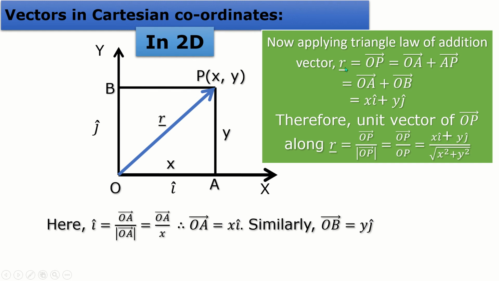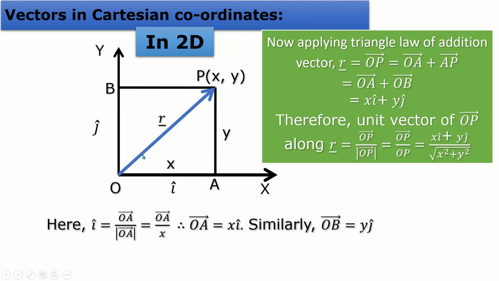And the unit vector of r, that means the unit vector of xi plus yj vector, equals xi plus yj divided by the absolute value of xi plus yj, or OP vector by the absolute value of OP. The absolute value of OP vector means the absolute value of xi plus yj, and the absolute value of OP and these are the same.